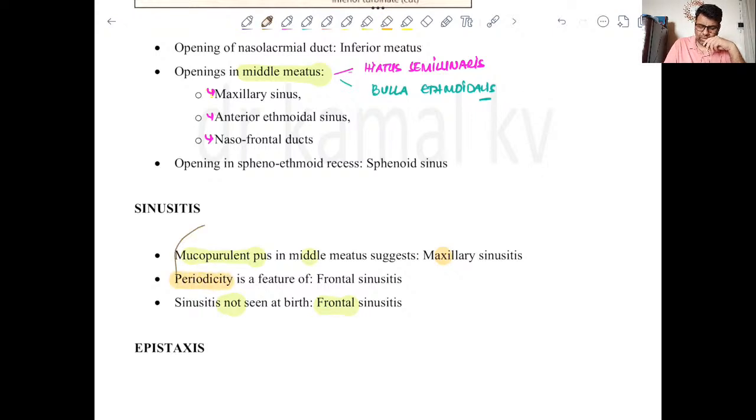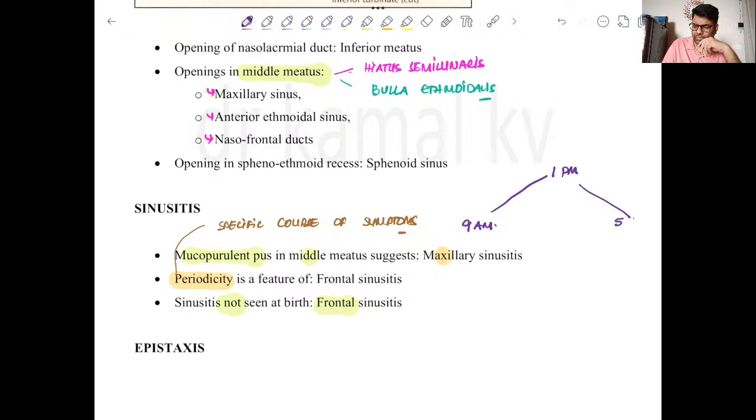Periodicity means it will show a specific course of symptoms, and this means that the headache will start at 9 a.m., it will peak at 1 p.m. and it will disappear by 5 p.m.